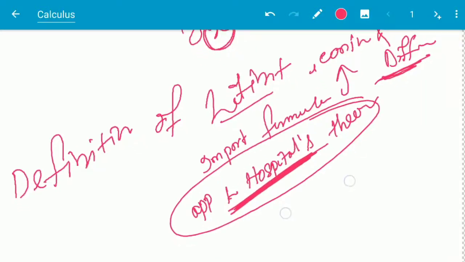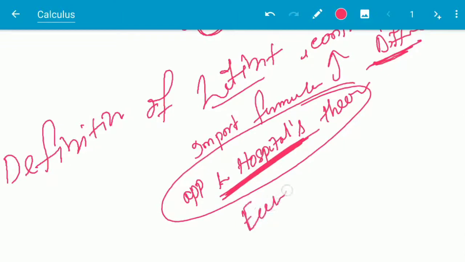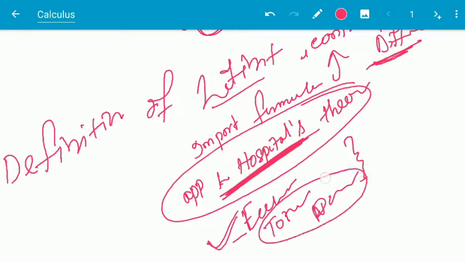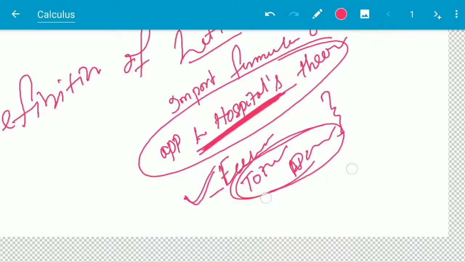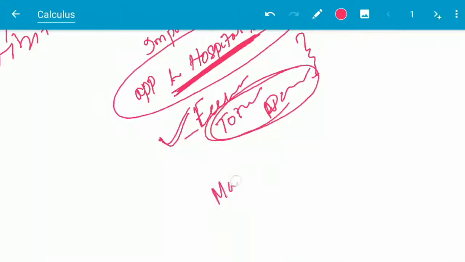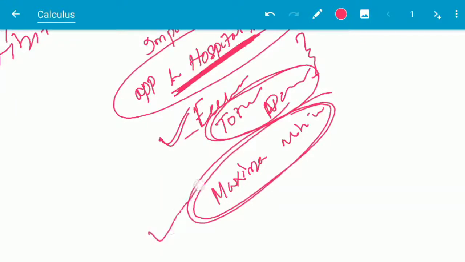I have already explained Euler's theorem, and total differential, then partial differential. These are less important, but Euler's theorem is an important one. Partial differential is not so important, and another most important topic is maxima and minima using differentiation. This one is most important, and application of L'Hospital's theory is another important topic for 1 mark questions generally.